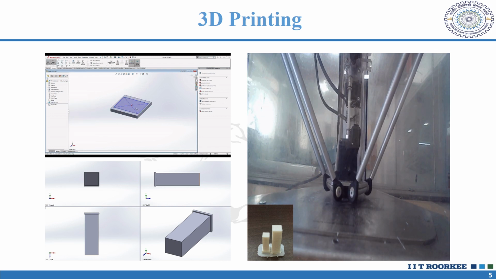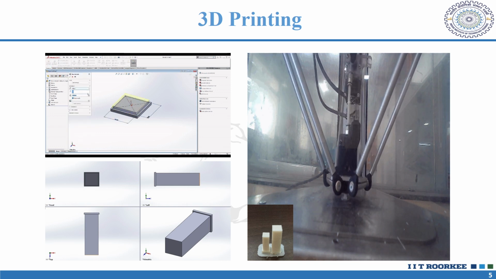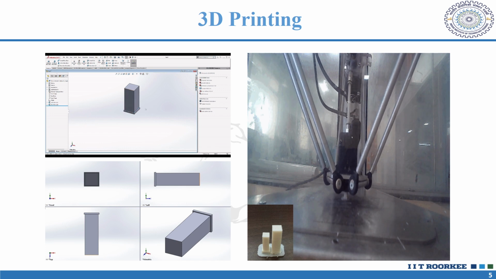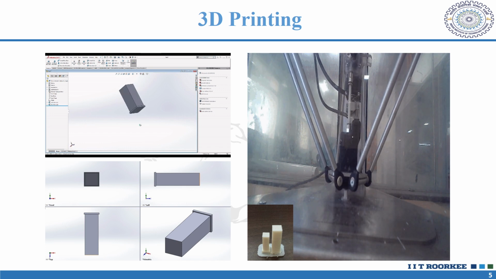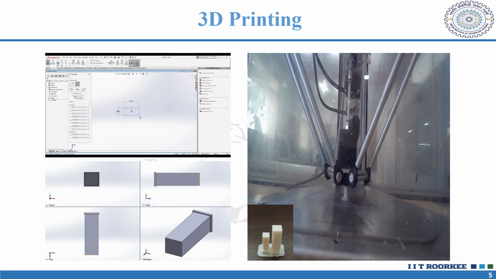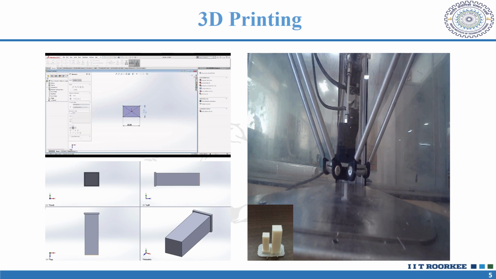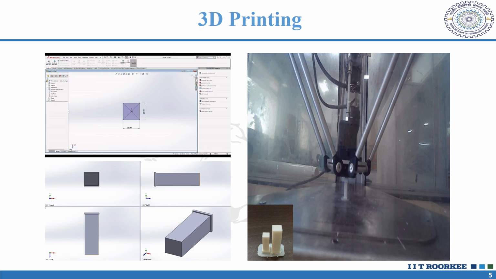The 3D printer works in a manner that the material is filled in the form of filament in the nozzle of the 3D printer. The material is heated in the nozzle and then deposited layer by layer under computer control, and the object is fabricated.